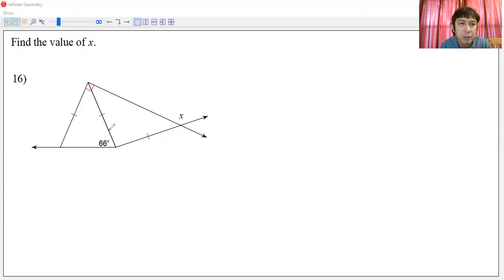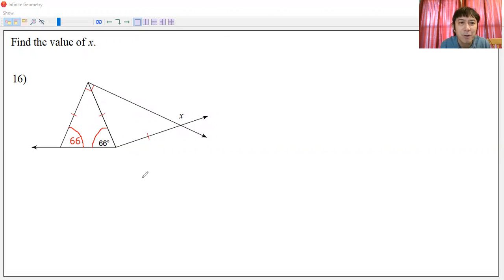These are two equal sides, and so we have two equal angles at the bottom called base angles, and so this must also be 66 there. We put the 66 here, because you have this other base angle 66.